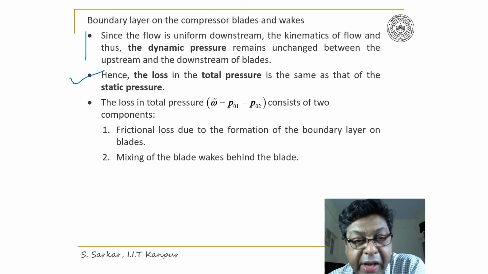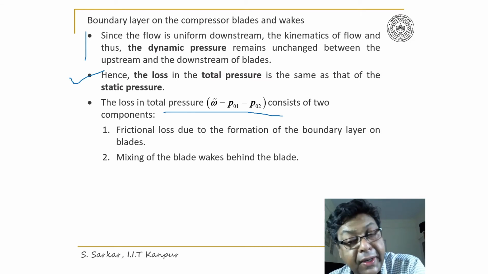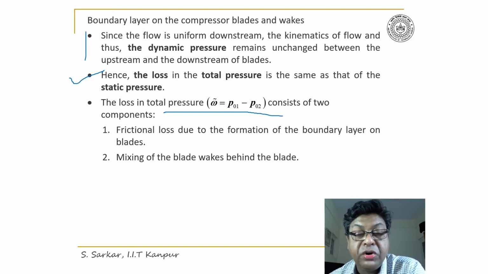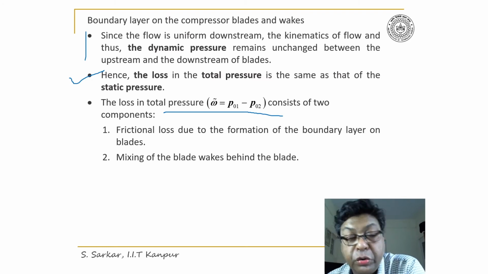So I can define the total pressure loss omega tilde equal to P01 minus P02, where P01 is total pressure at inlet and P02 is the total pressure at far downstream where the flow becomes uniform.